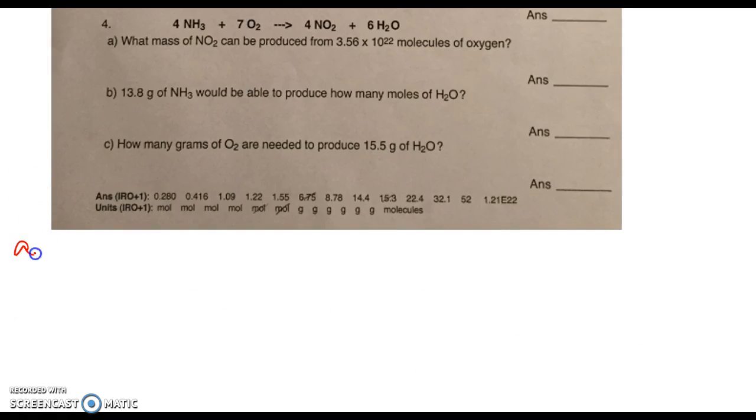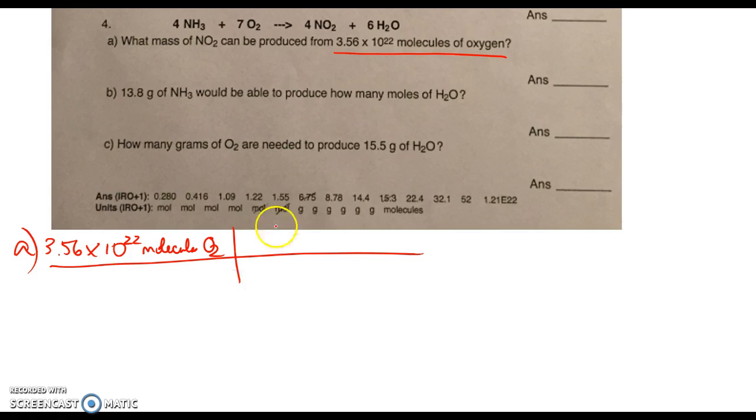Okay, A. What mass of NO2 can be produced from this many molecules of oxygen? All right, well, always start with what you're given. Now, this is really not much different. We always have to change to moles. So we know that 6.02 times 10 to the 23rd molecules of oxygen is 1 mole of oxygen, right?